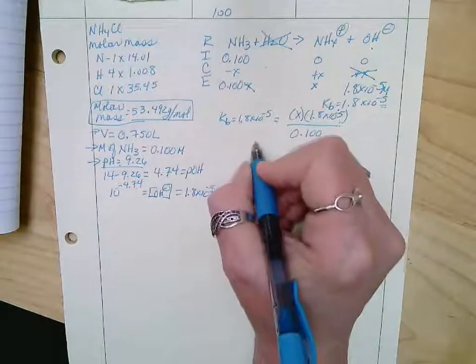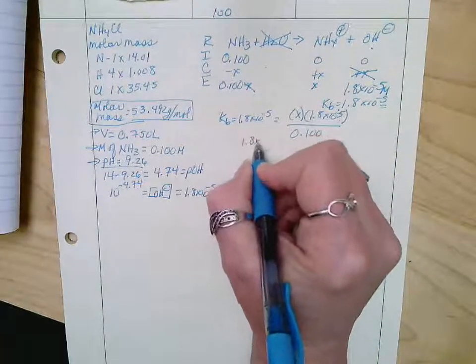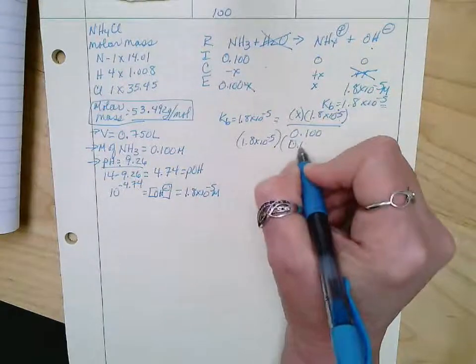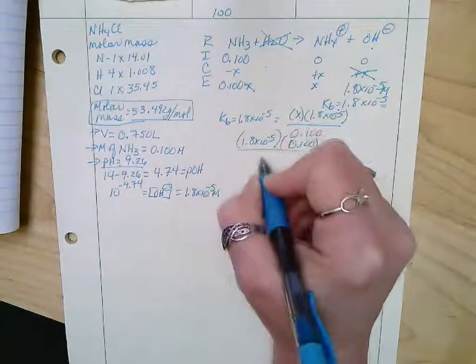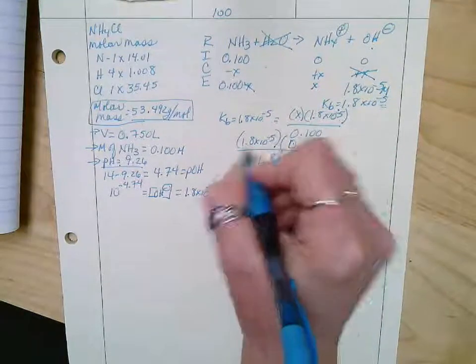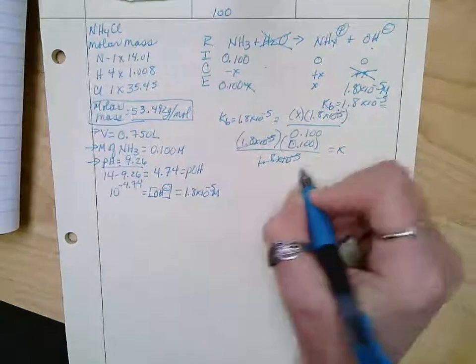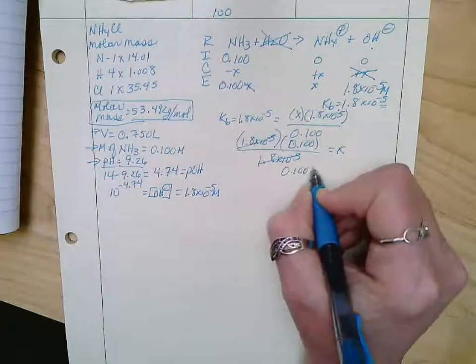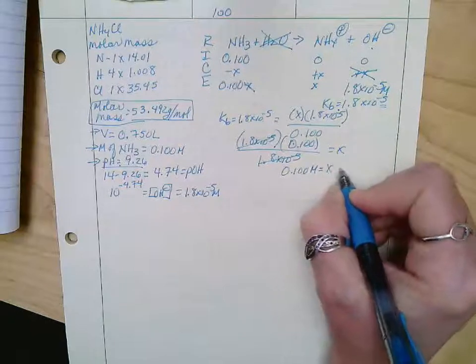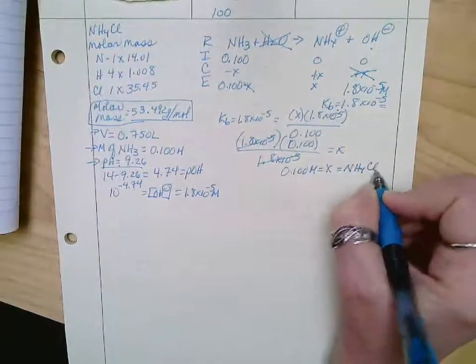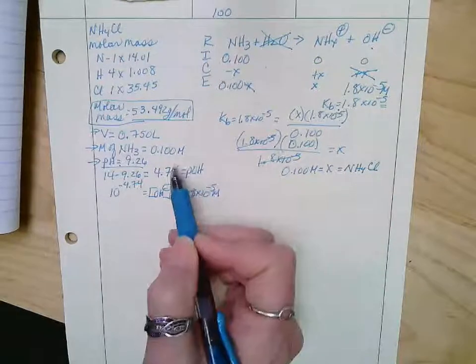So I'm going to get 1.8 times 10 to the negative fifth times 0.100 divided by 1.8 times 10 to the negative fifth. So this cancels with this, and that's going to equal X. So X equals 0.100 molar. And that equals the concentration of NH4Cl.